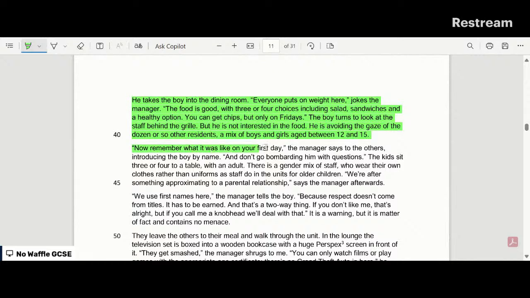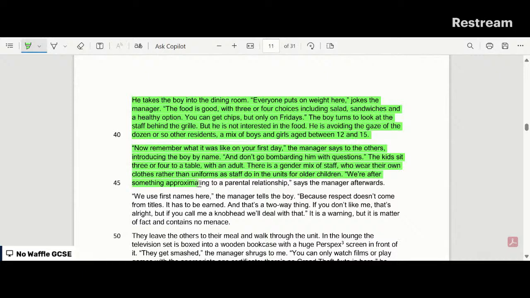Now, remember what it was like on your first day, the manager says to the others, introducing the boy by name. And don't go bombarding him with questions. The kids sit three or four to a table with an adult. There is a gender mix of staff who wear their own clothes rather than uniform, as staff do in the units for older children.